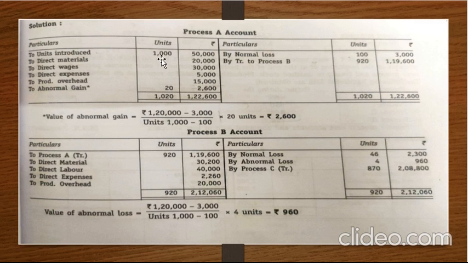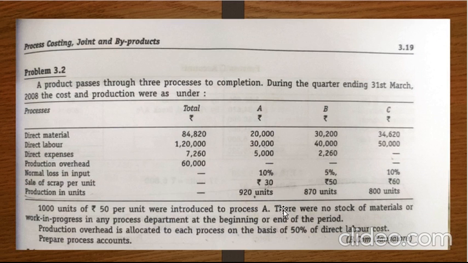So 1,000 is your input. Then normal loss is 100. So is there anything remaining in the question? Look into the question. There were no stock of materials or work in process in any process department at the beginning or end of the period. Production overhead is allocated to each process on the basis of 50% of labor cost.